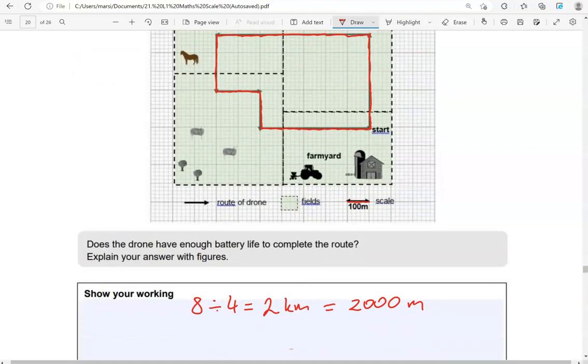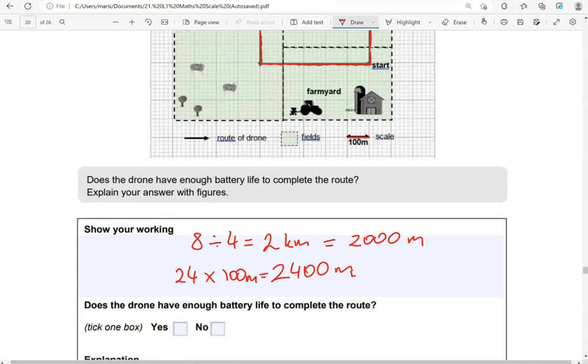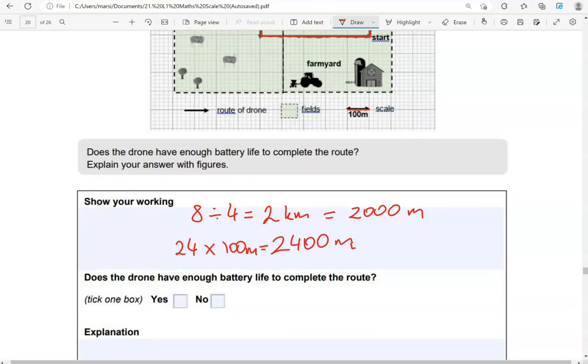So it's 2400 meters. Because it was 24 square lengths times 100 meters each, which is 2400 meters. So that is not enough.